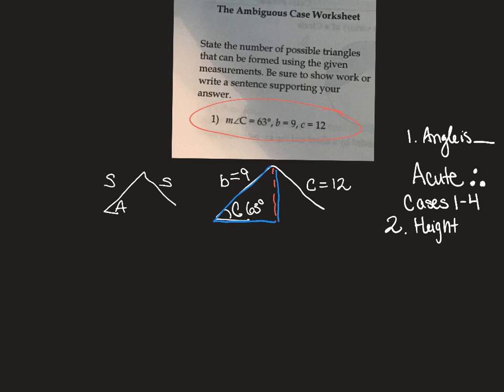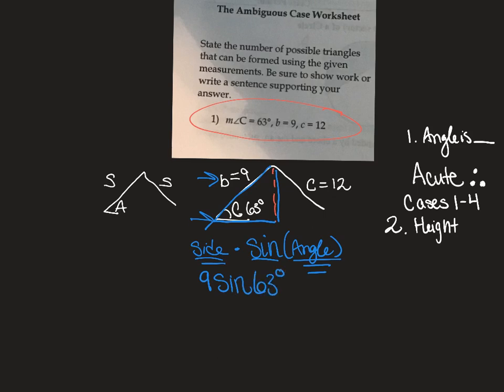What I can do is, it's always side times sine of the angle. And this side and this angle should not be the same letter. So in our case, it's going to be 9 sine 63 degrees. I'm going to grab my calculator real quick, and type that in so that we can find out what the answer is.